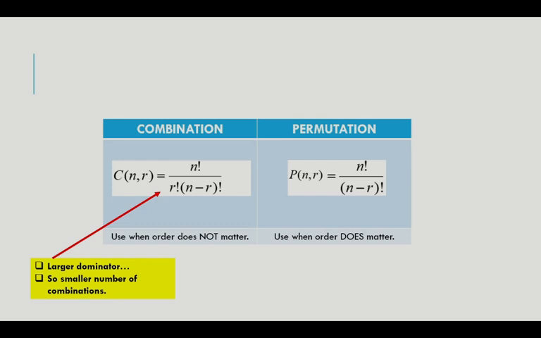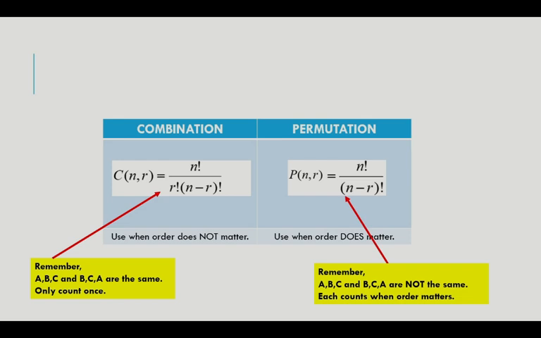The calculation gets smaller. So remember, why is it that there are fewer outcomes with combinations? Because again, ABC and BCA are the same. We only count it once. But remember, with our permutation, first of all, you see we're dividing through by a smaller number. When we divide by a smaller number, our answer is going to be bigger.